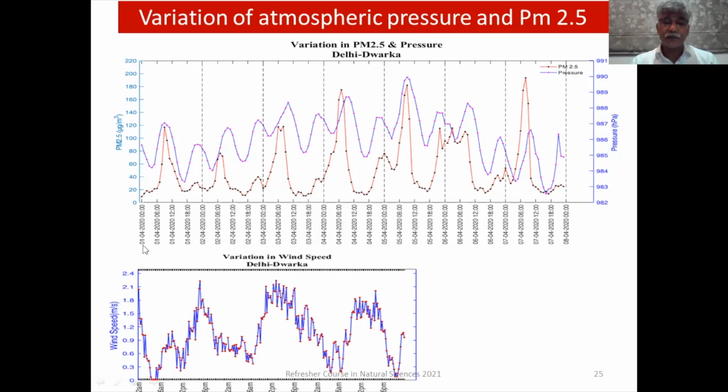And this is from 1st April to 8th April 2020. So this is one day, I'm talking about this one-day observation. PM2.5 is shown here, concentration in microgram per meter cube, up to 2020.